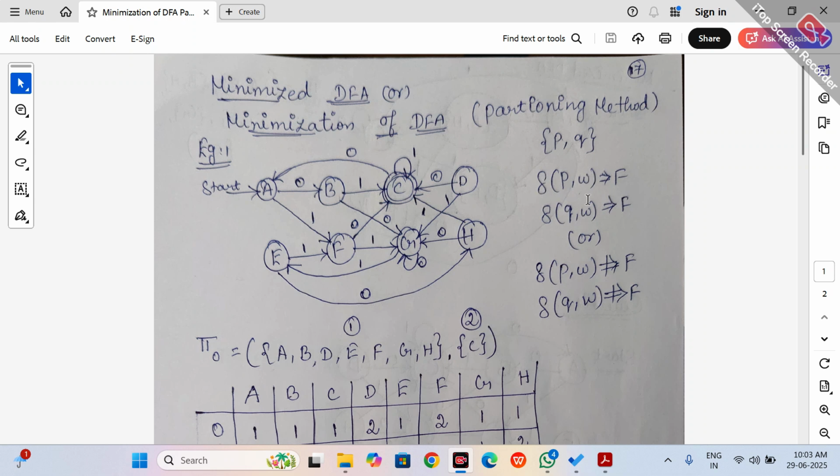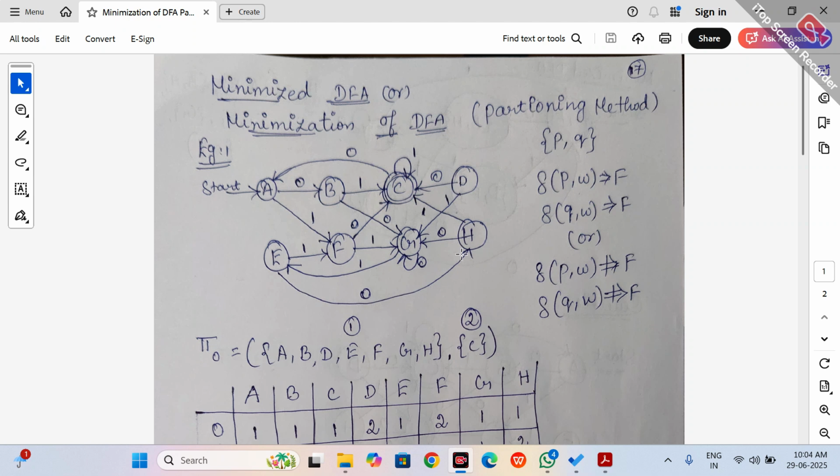Suppose during transition P goes to a non-final state, then Q also goes to a non-final state. So this is the equivalent condition: if both states are equal, either both go to the final state or both go to the non-final state.